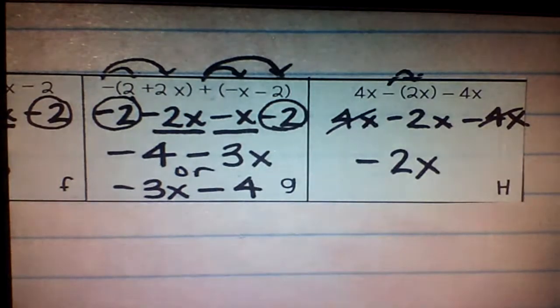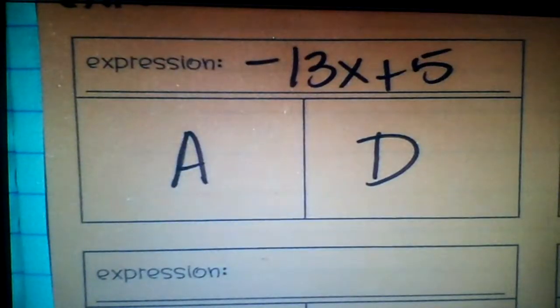So up at the top, if you have not already done so, you need to put A and D in one of those and put the answer negative 13x plus 5. Okay, so I want to see something like this. A goes with D, and that was the answer.